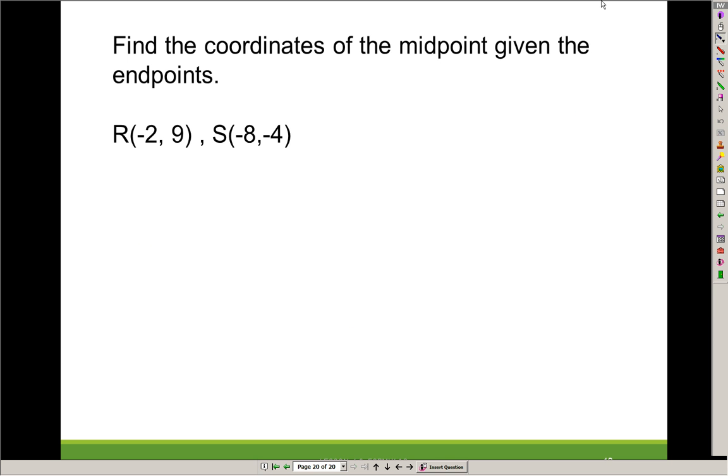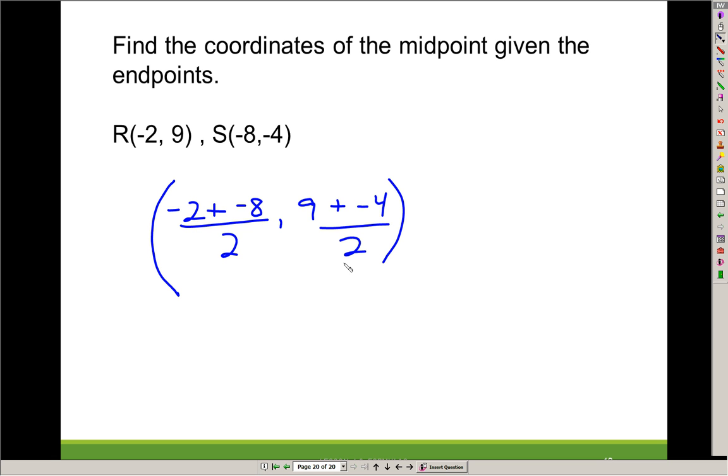So now we're looking for the midpoint. Remember, the midpoint is a point, big old parentheses. It's got a x plus x. Let me write that better. So -8 and divide by 2, comma, y plus y and divide by 2. -2 plus -8 is -10. 9 plus -4 is 5.